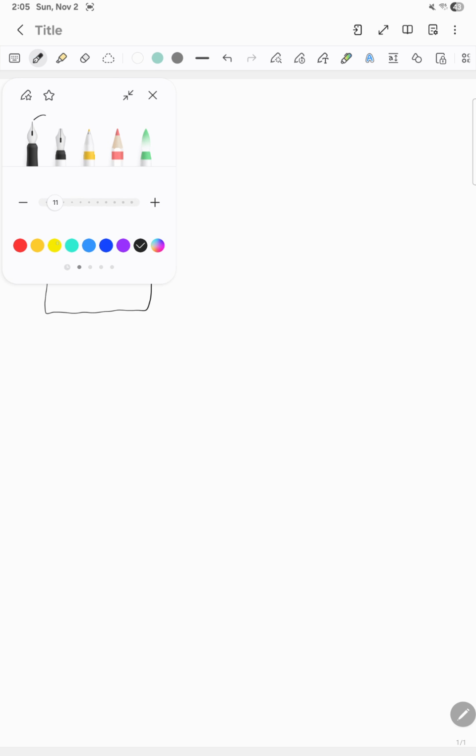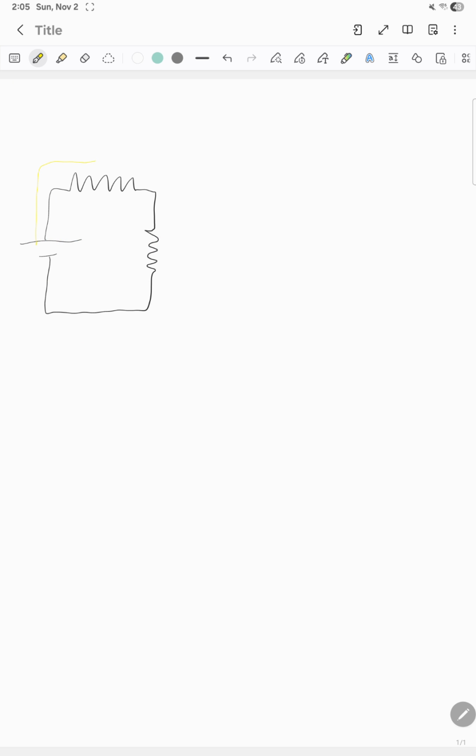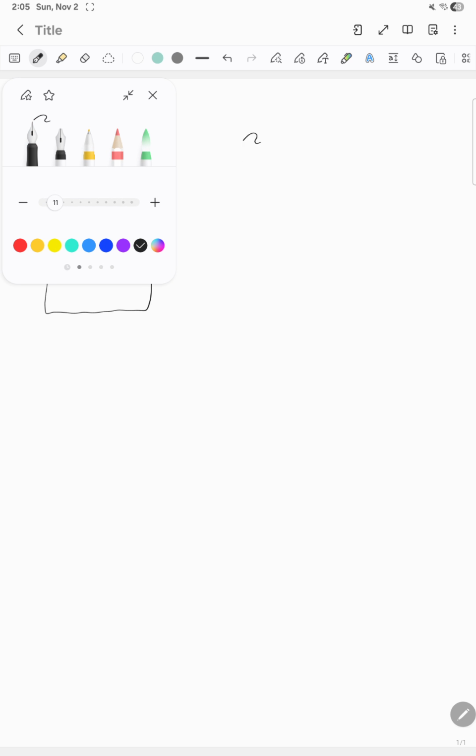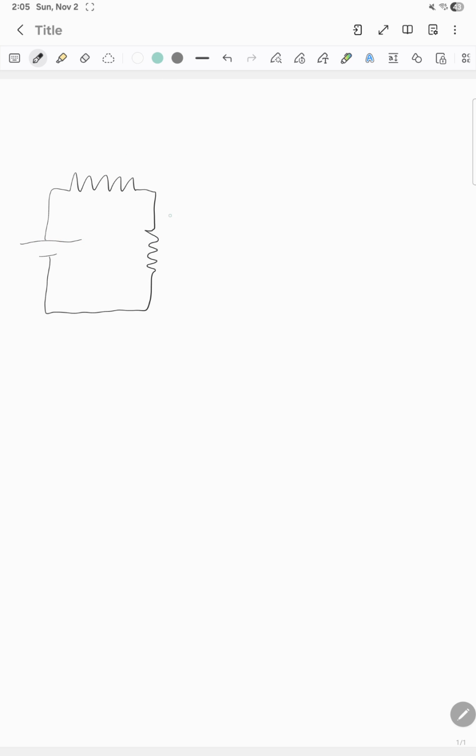And so we know that current will flow like this throughout the circuit. The current flows in something we call a series circuit, because the current has nowhere else to go besides here. It follows in series. You go here and then you go here.